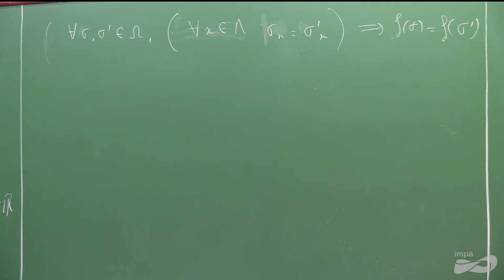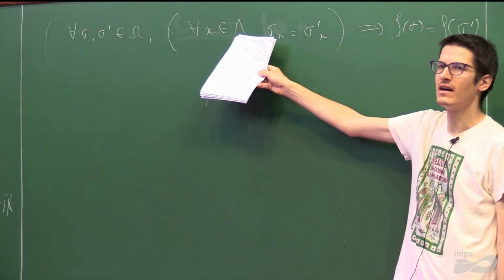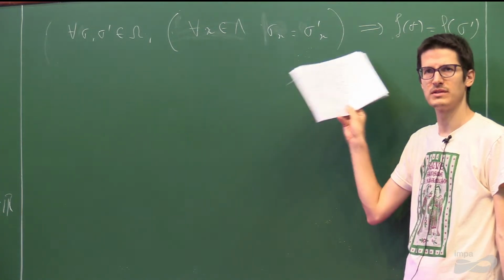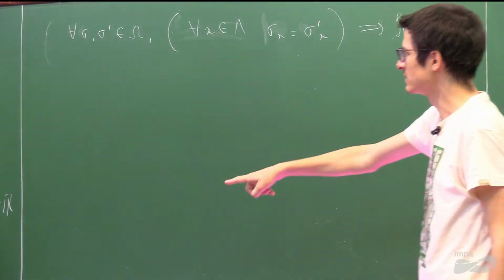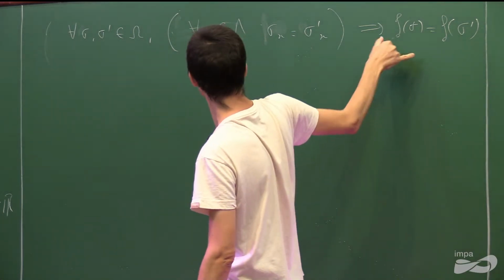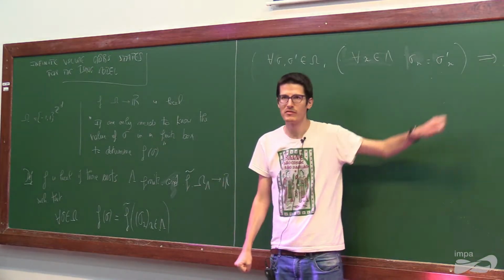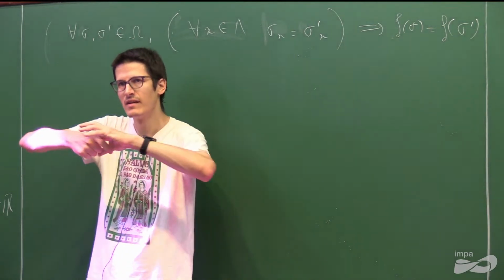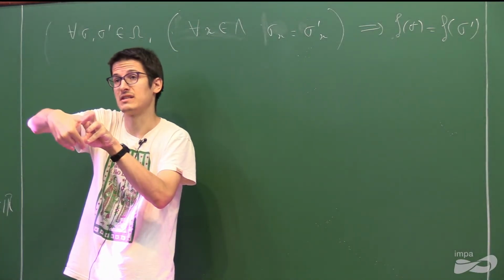What this means is that if two spin configurations coincide on lambda, then f has to be equal for these two spin configurations. To go from one definition to the other, you just define f tilde to be the common value taken by all configurations that extend the spin configuration that we are considering inside lambda.